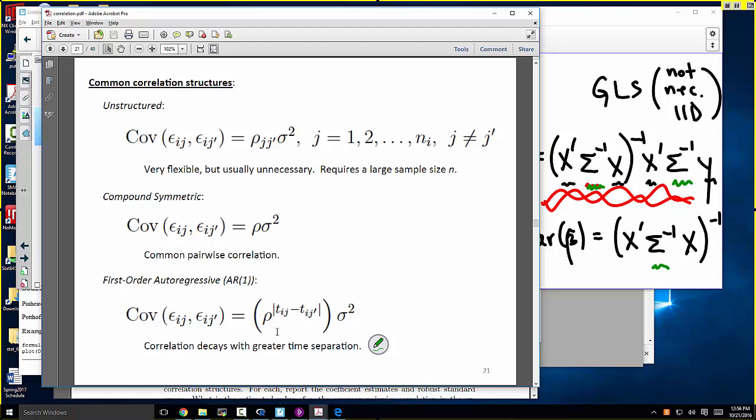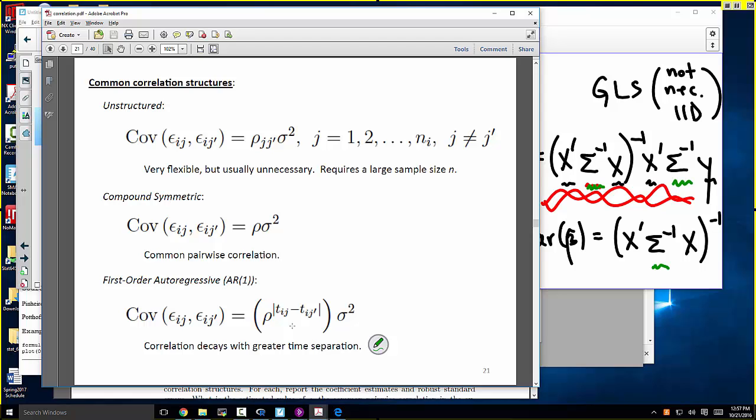A slightly more sophisticated choice would say the correlation between any two time points on the same person is equal to a function of a common rho, specifically, rho raised to the power of the difference in times. What that allows is the strength of correlation between measurements on the same person to be higher at time points that are close to each other, and then tail off as you get further away.